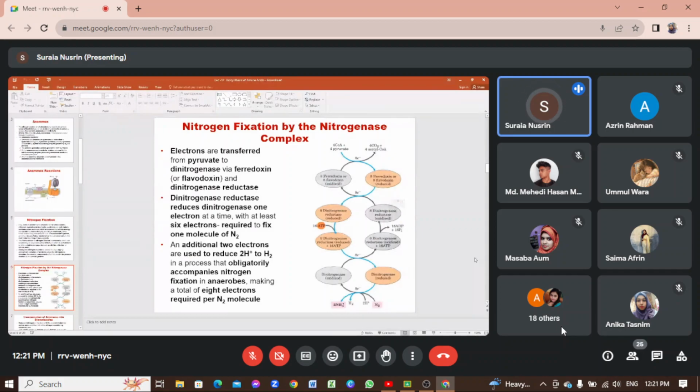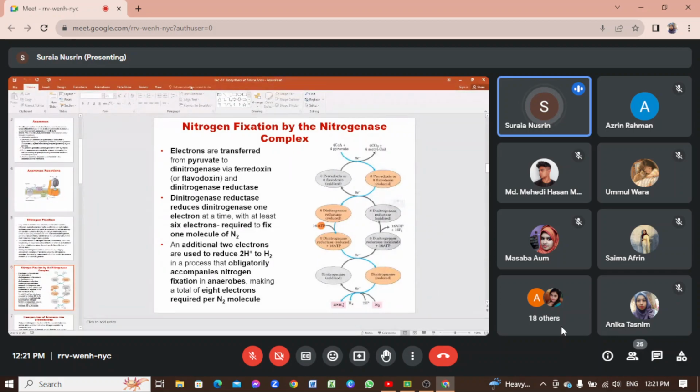Ultimately those electrons will be given to the final component of the complex, the dinitrogenase, but they are transported by an electron carrier: either ferredoxin or flavodoxin, and from there they go to dinitrogenase reductase.